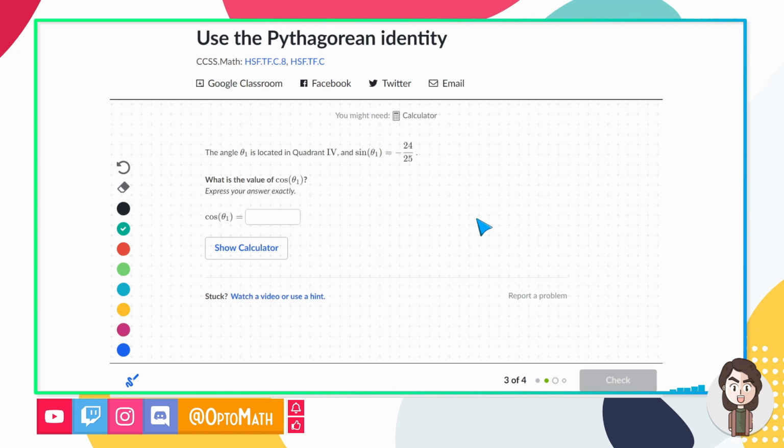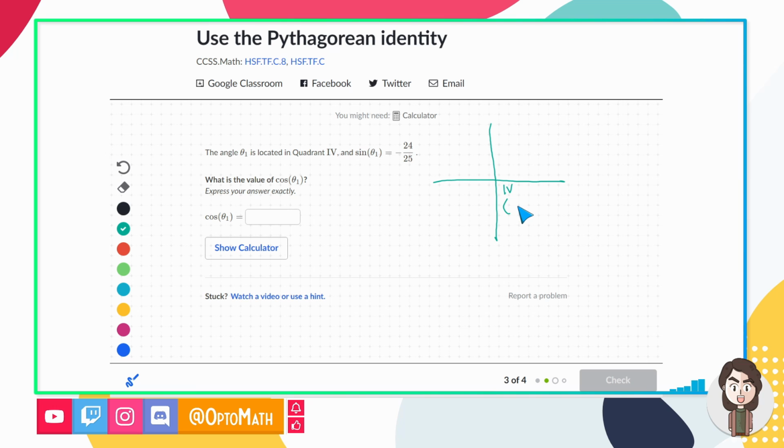So let's take a look at a Khan Academy question called Use the Pythagorean Identity, and we're going to be given sine of some angle, which we see is in the 4th quadrant. So let's sketch that. 1, 2, 3, 4. This is the 4th quadrant.